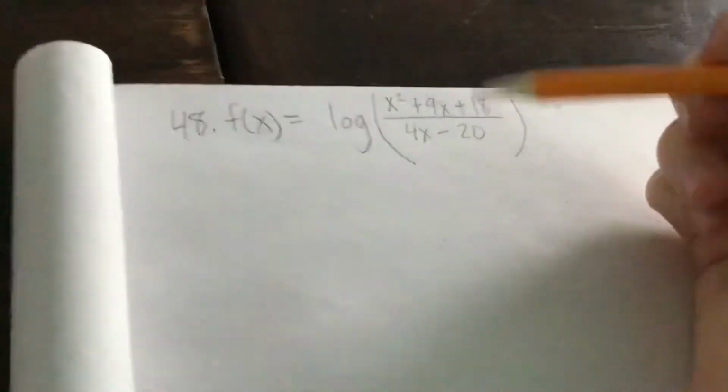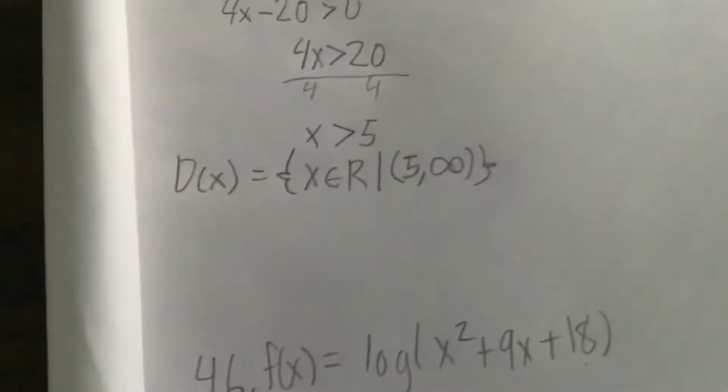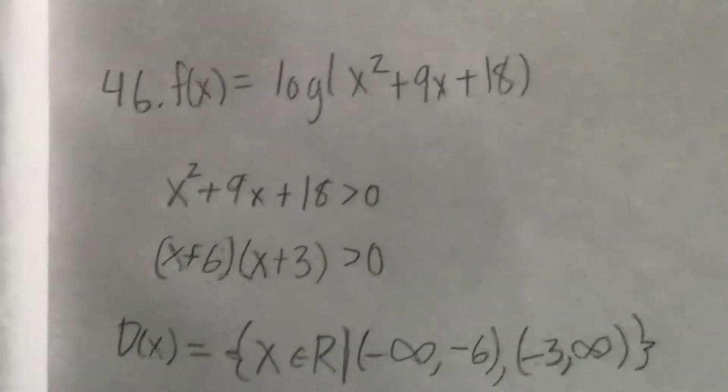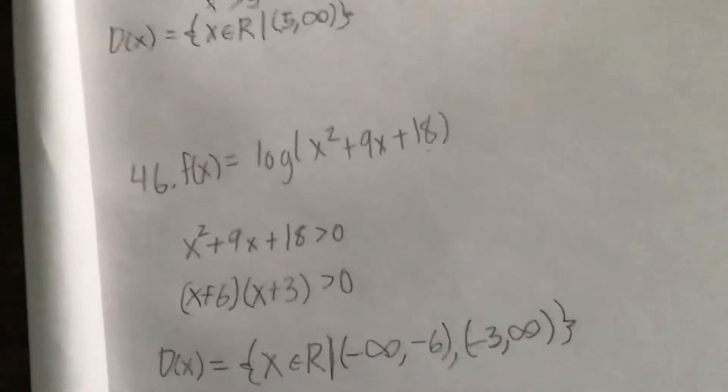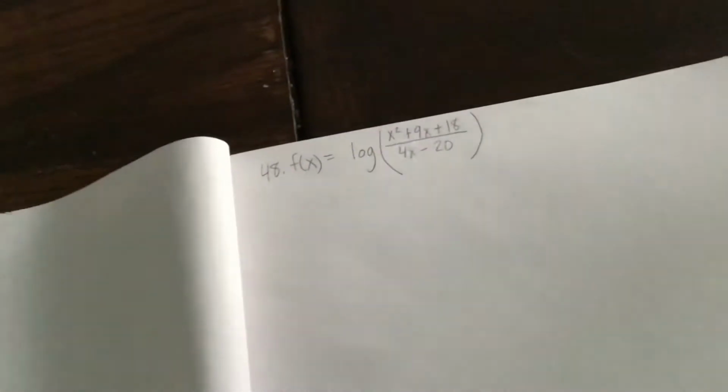This next one has the same problem from before, and I'll have to show you. It's the same quadratic, x squared plus 9x plus 18. The one was 6 and 3, remember? So we can easily factor this out. It is also a rational equation, so we will have to put that together.